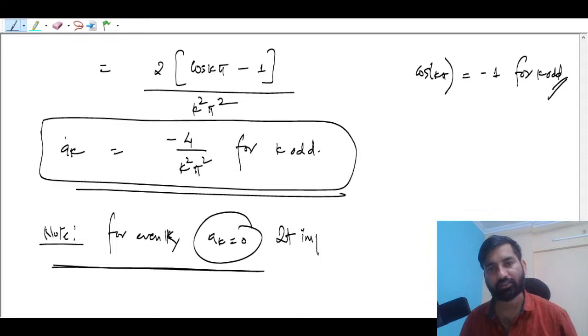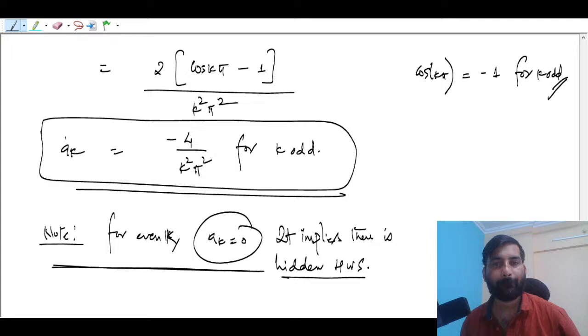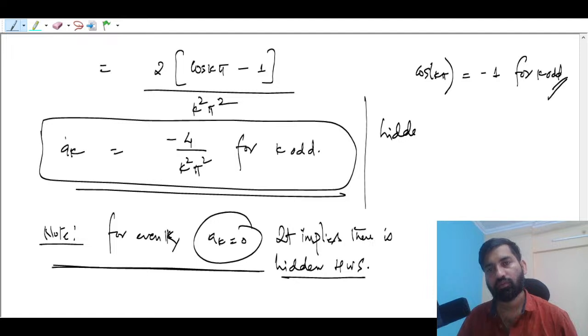Hidden, okay? Why hidden? Because the DC value is not 0. Because a naught is not 0.